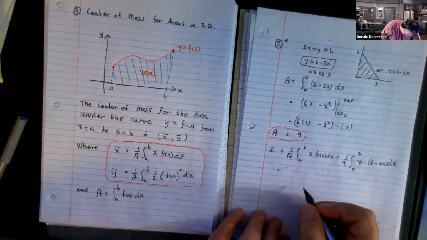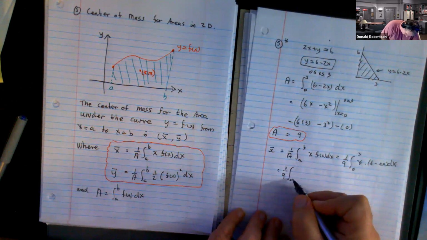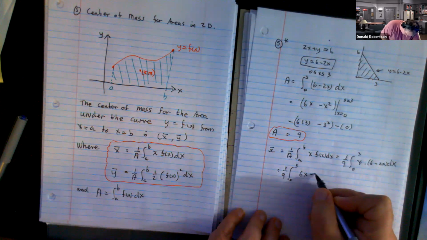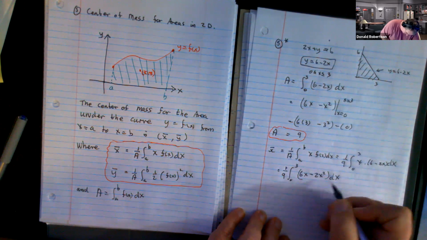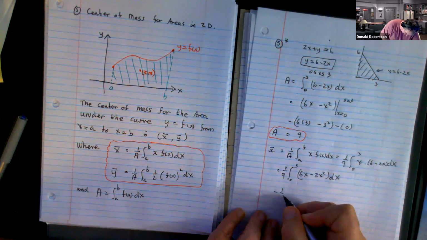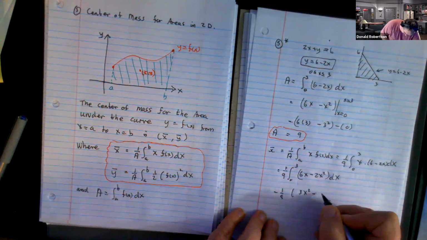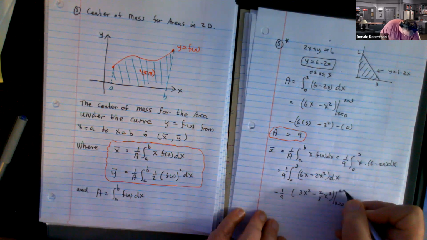Well, that's going to be 1/9 integral from 0 to 3. If you distribute the x, you get that. You can do the power rule: 3x squared, take away 2/3 x cubed, evaluated at 0 and 3.